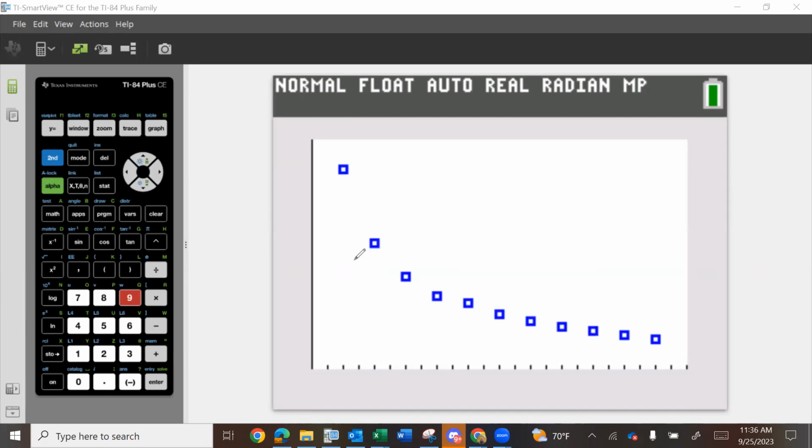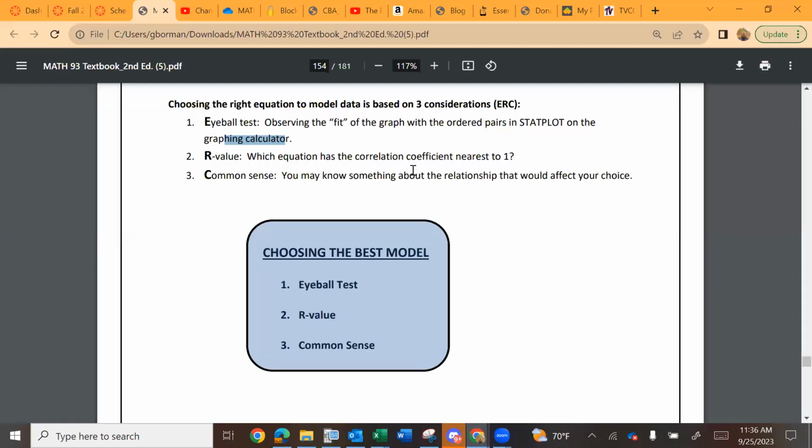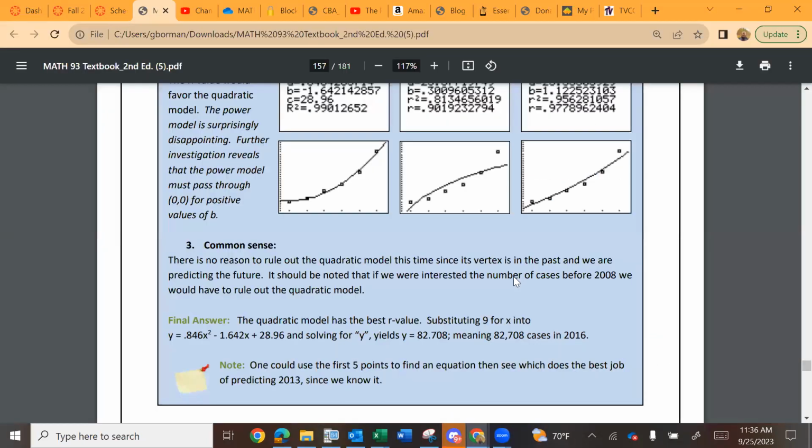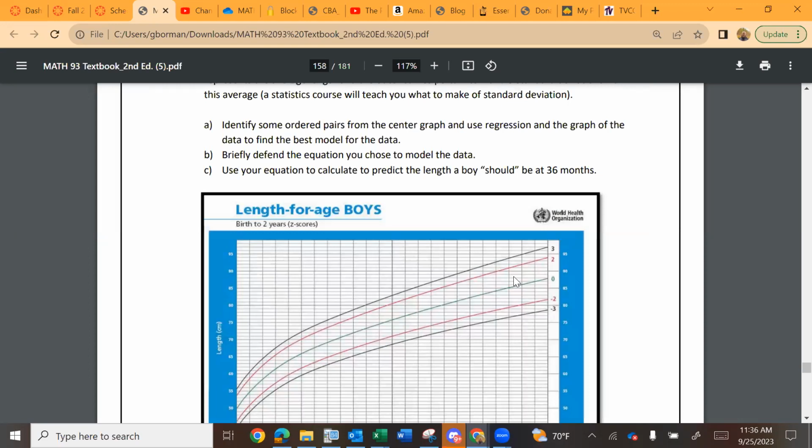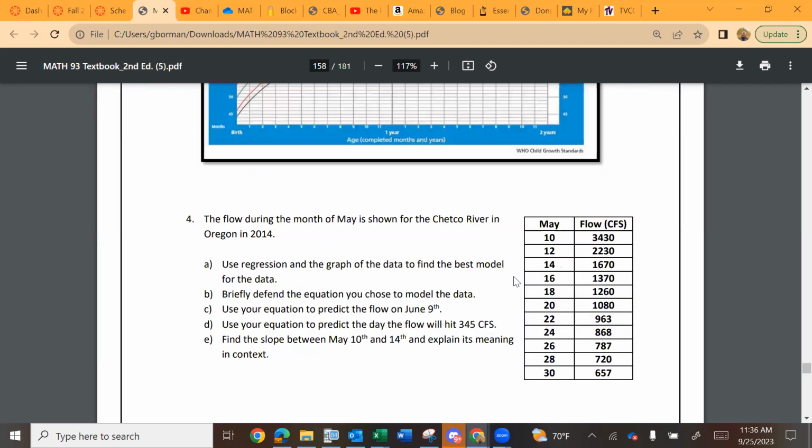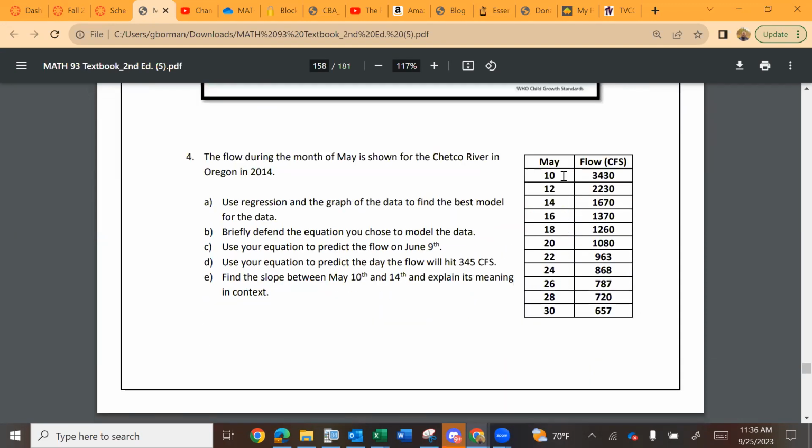What about, I already mentioned quadratic, but let's think about it. What do we got here in this problem? I got to go find it again. Well, it represents, okay, X is day of the month, and the flow is going to be the Y value.